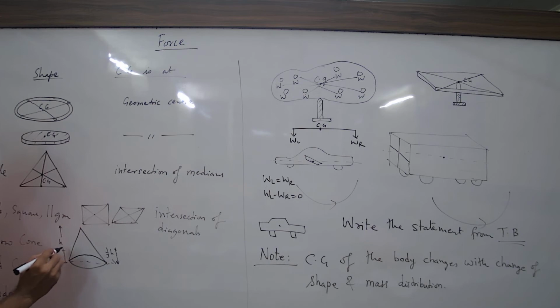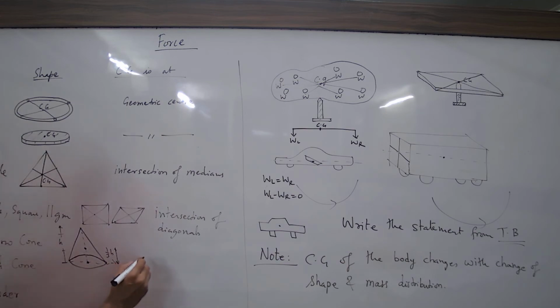So this height is divided into 3 parts. Then this is where the CG lies. So from the vertex, the line that joins the center of the base, on that line, it is at the height 1 by 3.